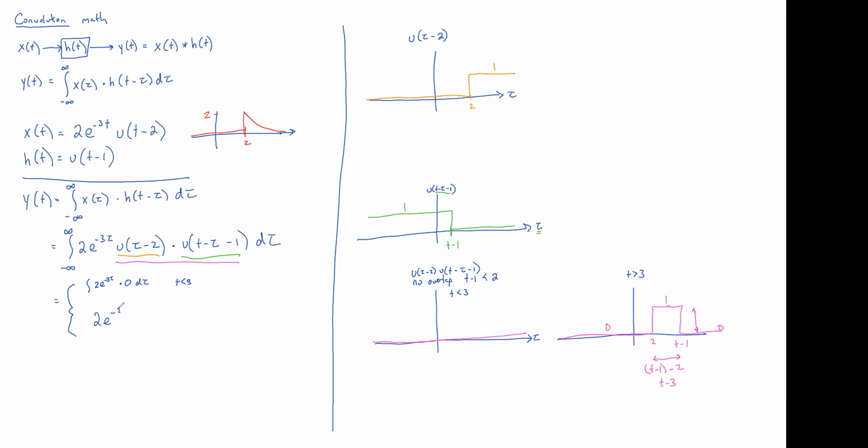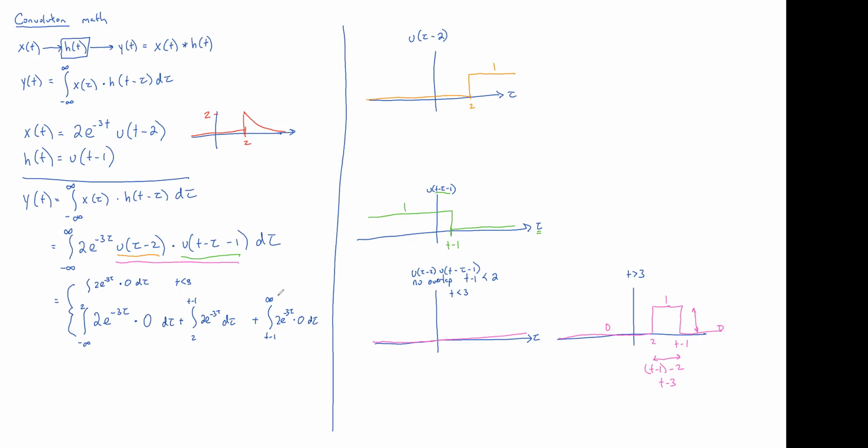Or it's equal to 2e to the minus 3 tau times this. So this is defined over 3 different places. We'd have to integrate this from negative infinity to where this begins at 2 times 0 d tau plus the integral of 2 to t minus 1 of 2e to the minus 3 tau d tau times 1 in this region plus 2e to the minus 3 tau times 0 d tau in the region of t minus 1 to infinity.